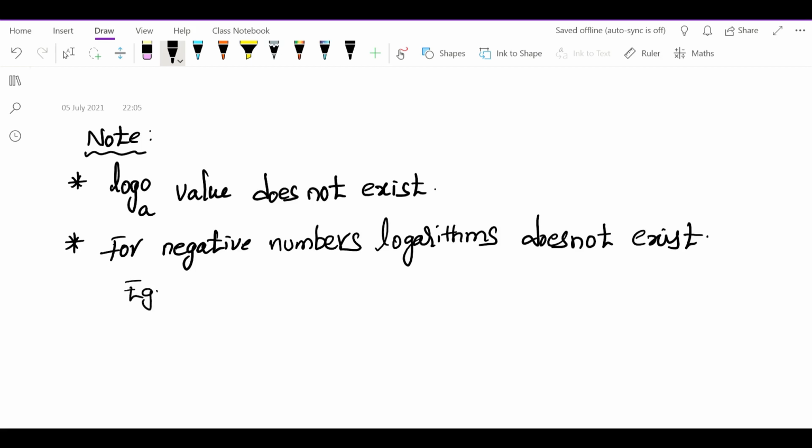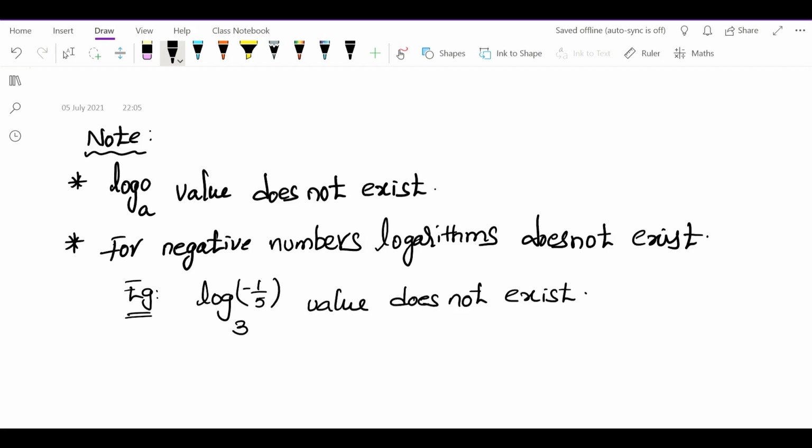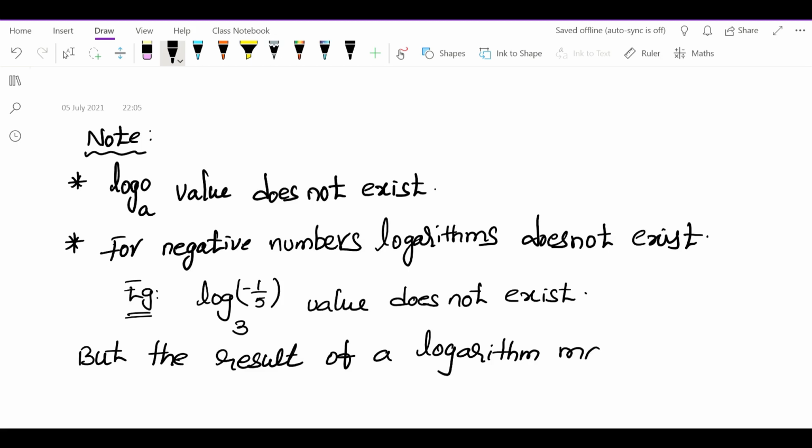Example, log minus 1 by 5 base 3 value does not exist. But the result of a logarithm may be a negative number.